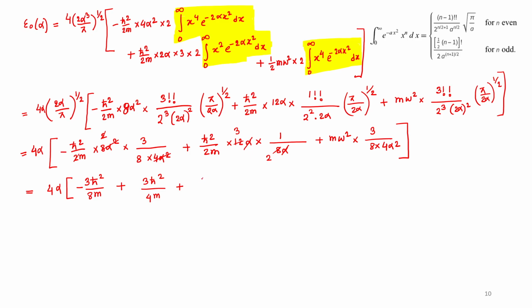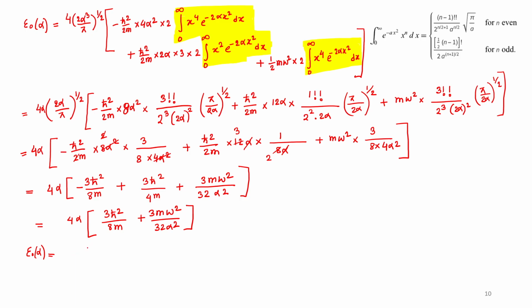Plus 3m omega square by 32 alpha square, which is 4 alpha into 3h part square by 8m, 3m minus 3h part square of 2m, 3 by 8 alpha.